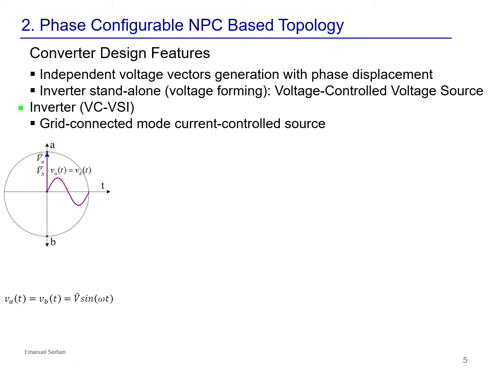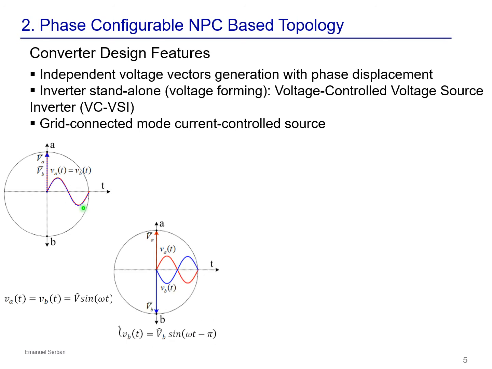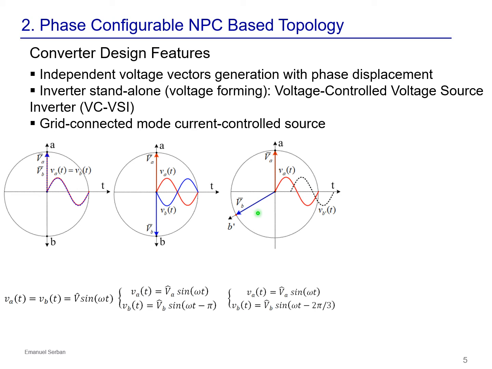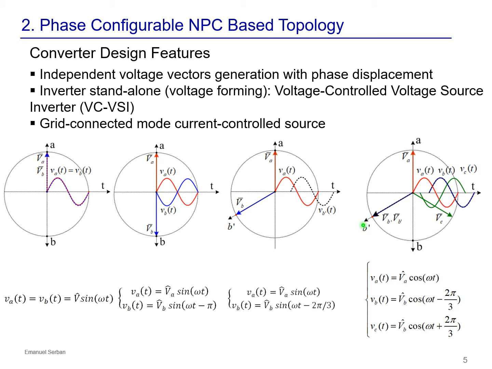The two vectors design can be controlled for in-phase VA and VB application, 120-240 volt application, 120 degrees out of phase, and lastly, three-phase forming for a complete three-phase system.